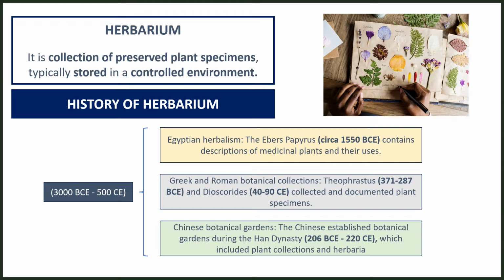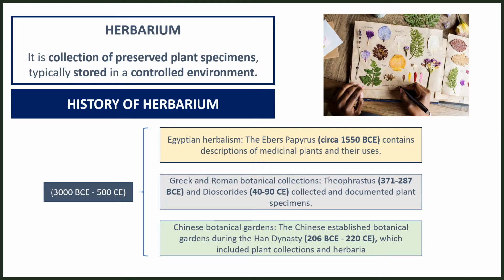In the ancient periods, between 3000 BCE, or before the Common Era, till 500 CE, there were different Egyptian herbalists, Greek and Roman people, and Chinese people. They had a collection of medicinal plants and they wanted to document and keep records of them, especially medicinal plants.